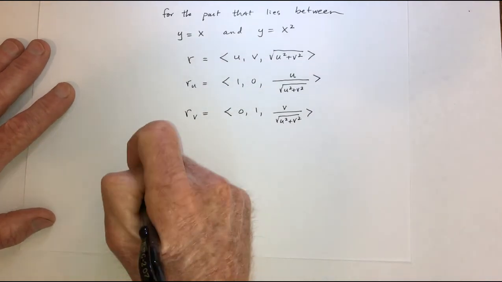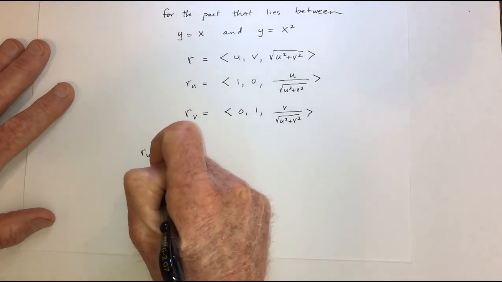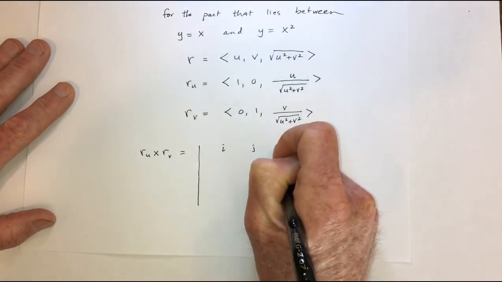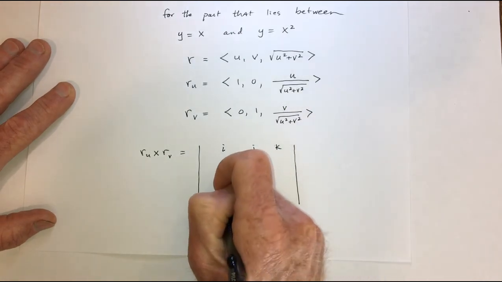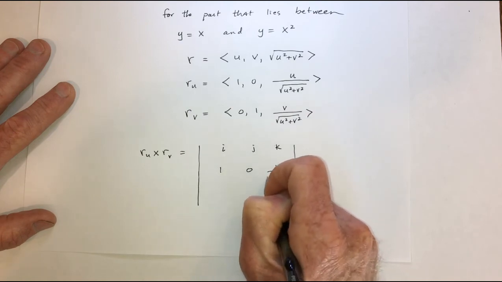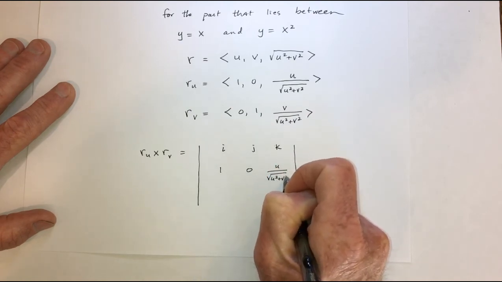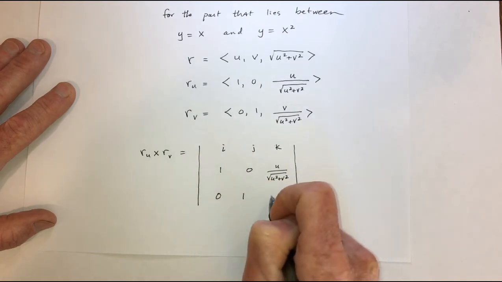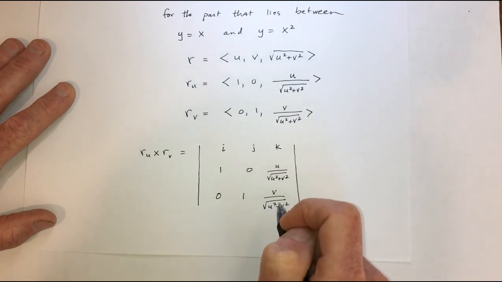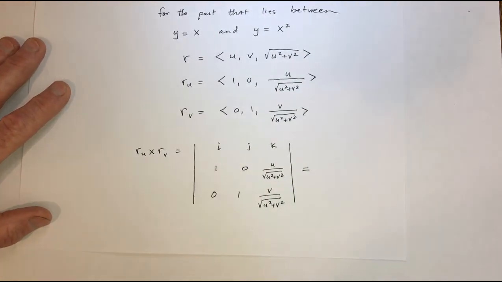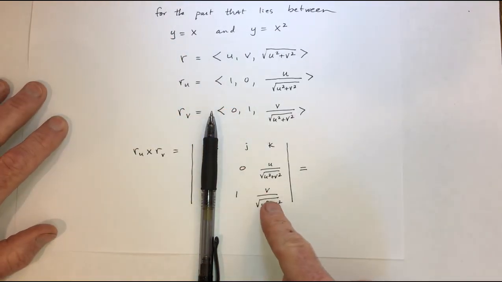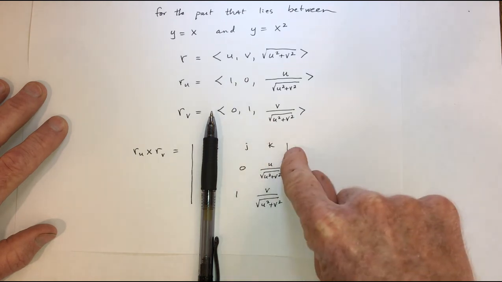And then find the cross product, RU cross RV. I, j, and k, and then this row would be 1, 0, and u over the square root of u squared plus v squared, and 0, 1, v over the square root of u squared plus v squared. So that diagonal would be 0, and then minus this one.